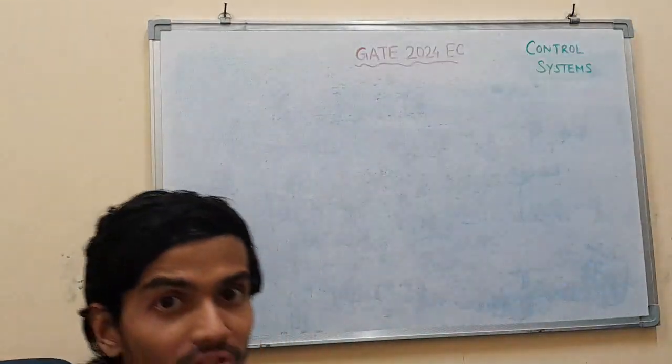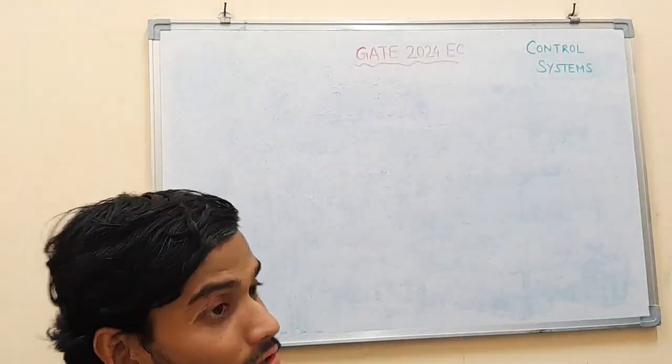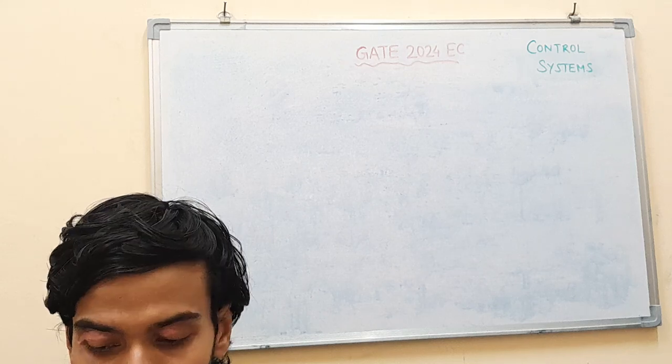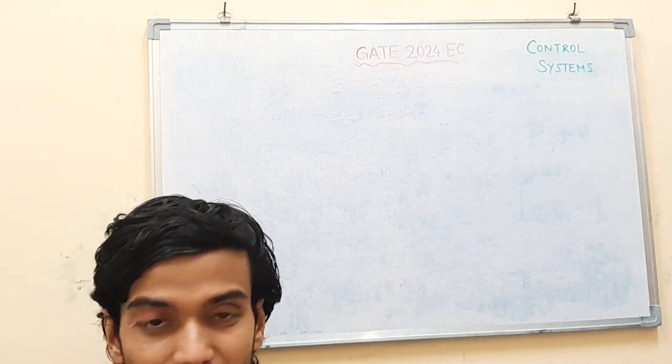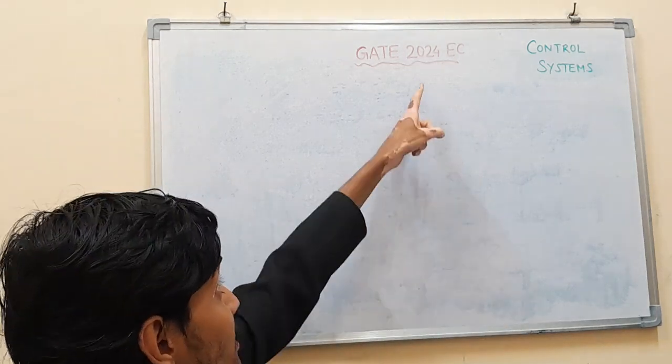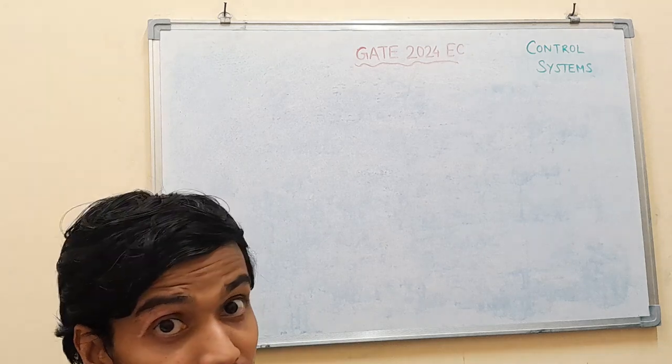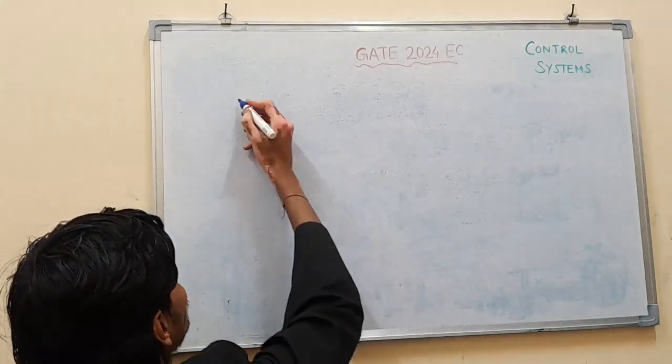Moving on to the next question, this is a Gate 24 AC solution for subject control systems. The next question is also 1 mark MCQ type. Question number 13, the official master question of Gate 24 AC for subject control systems, is as follows.